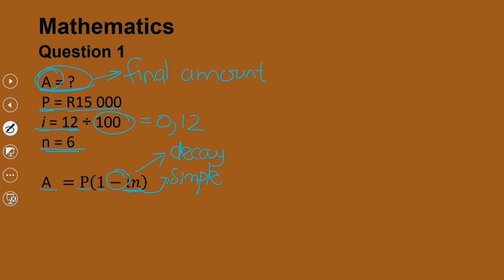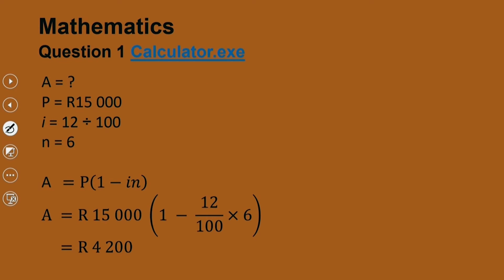Right, now with the information that we have, we can move into answering the question. Remember, we said we don't have the value of A, the value of P is 15,000, the value of I is equal to 12 over 100, and the value of N is equal to 6. What do we do? With the given equation, we substitute.